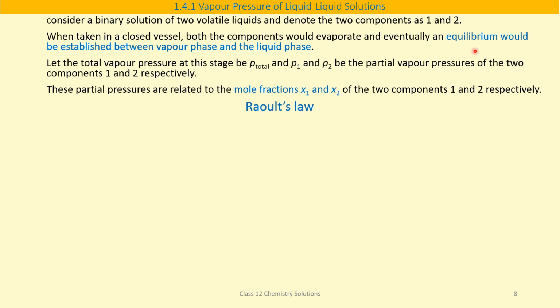Now, Raoult's law. The French chemist Francois Martin Raoult, in 1886, gave the quantitative relationship between them. The relationship is known as Raoult's law, which states that for a solution of volatile liquids, the partial vapor pressure of each component of the solution is directly proportional to its mole fraction present in the solution.